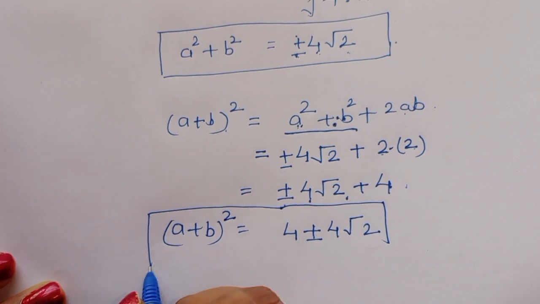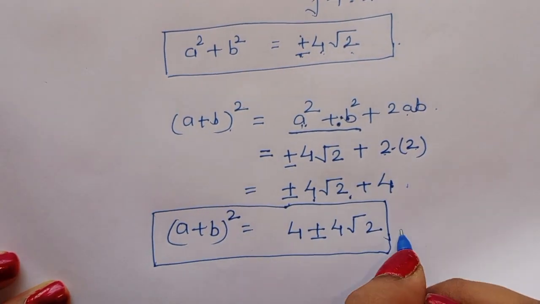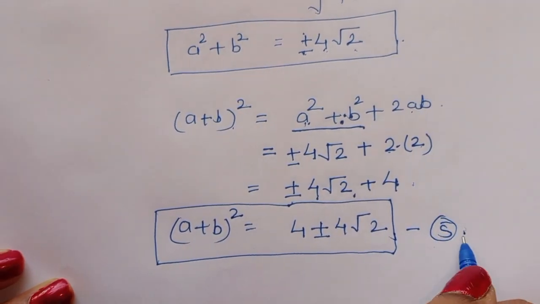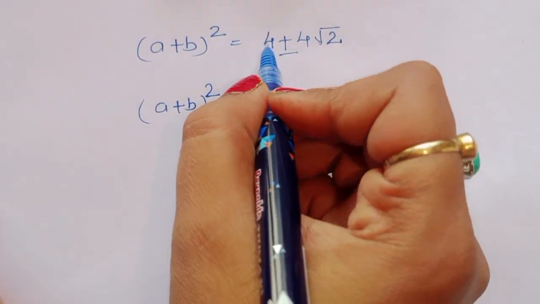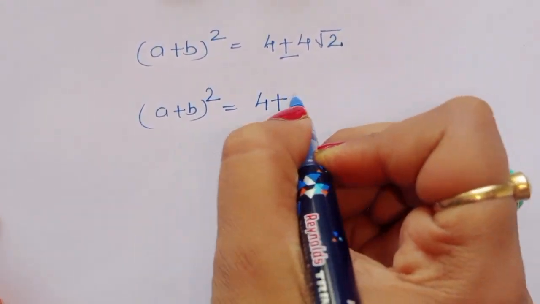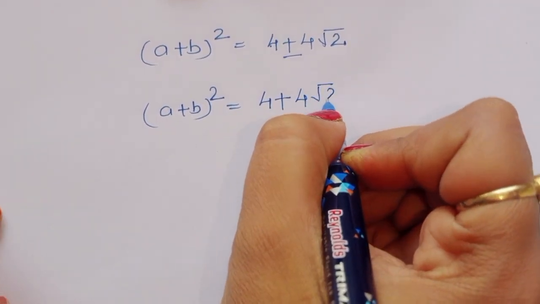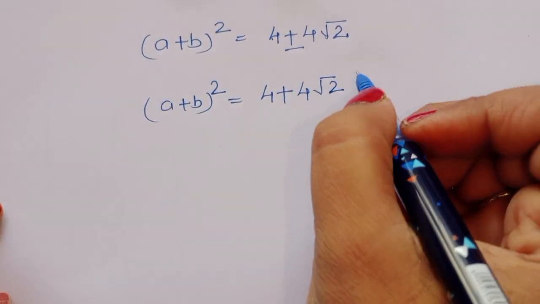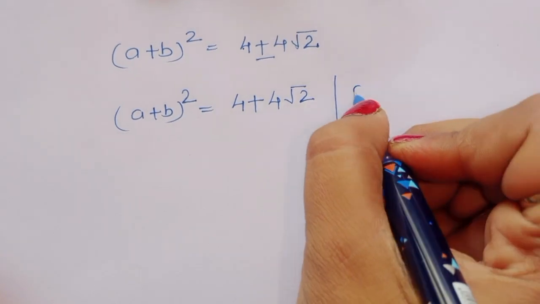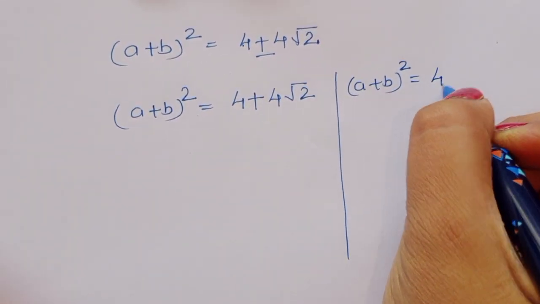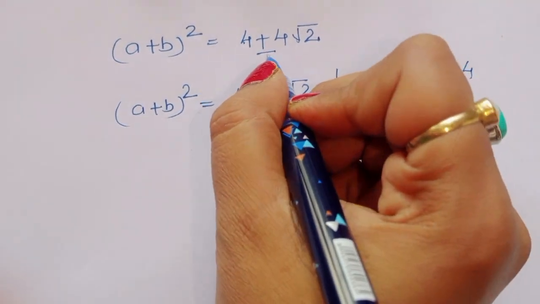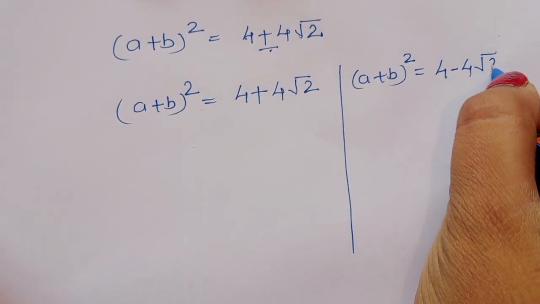Now for a plus b whole square, we can write 4 plus 4 square root of 2 as the first condition, and in the next condition, a plus b whole square is equal to 4 minus 4 square root of 2.